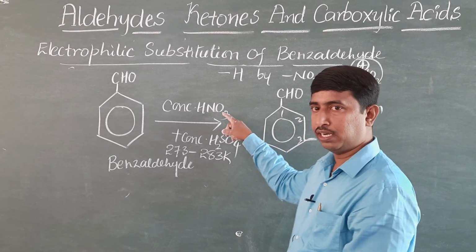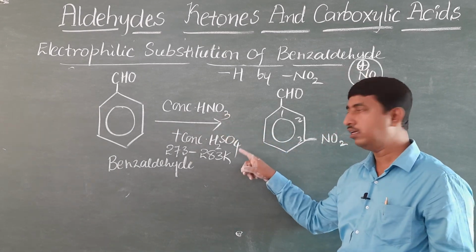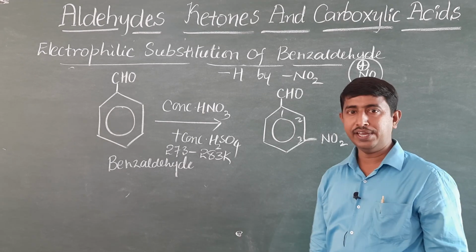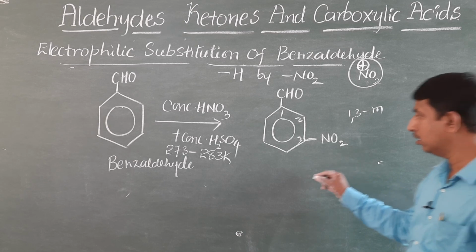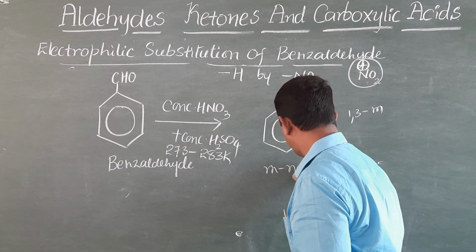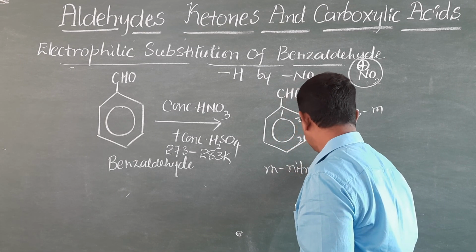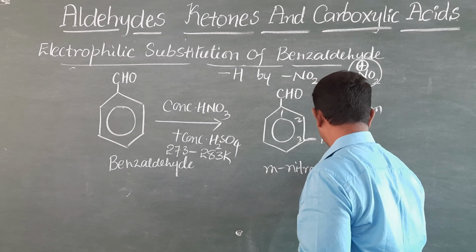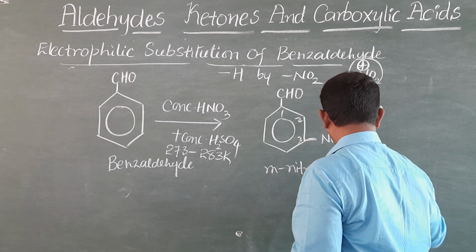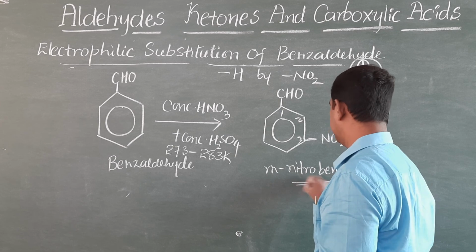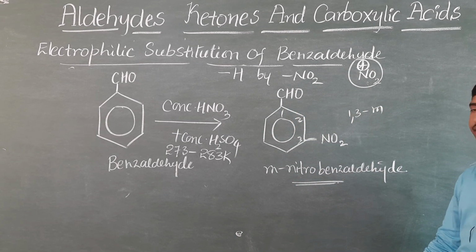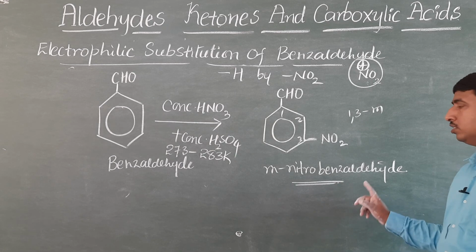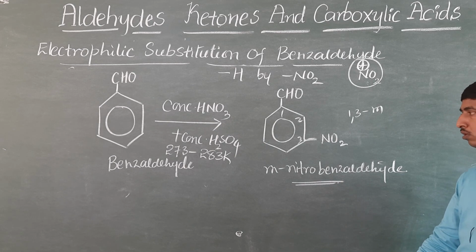Benzaldehyde undergoes nitration in the presence of nitric acid and sulfuric acid at a very low temperature, 0 degree to 10 degree Celsius, forming meta-nitrobenzaldehyde. This is the nitration of benzaldehyde. It produces the meta product, that is meta-nitrobenzaldehyde.